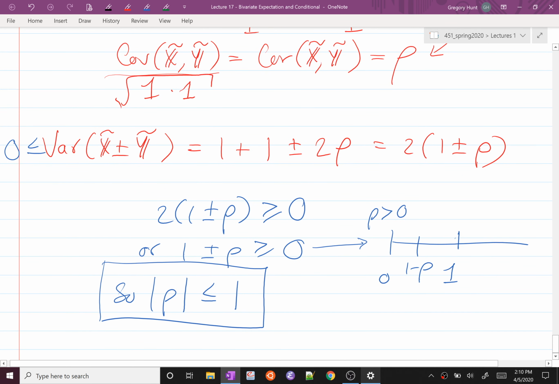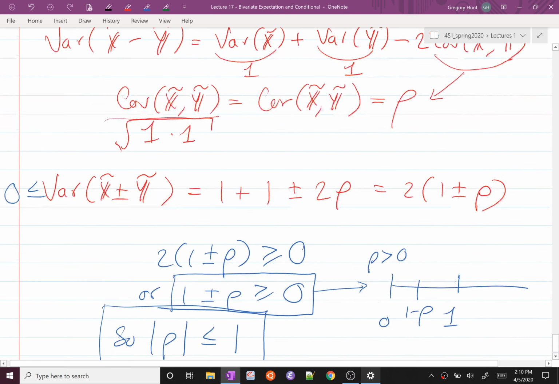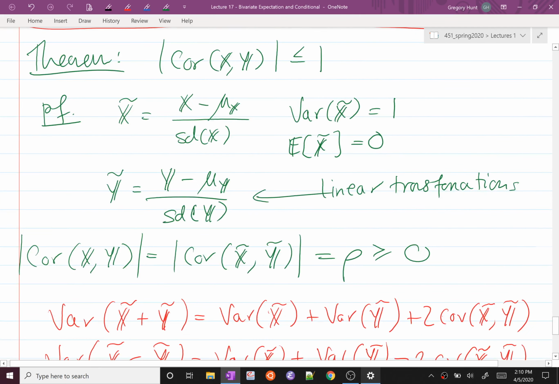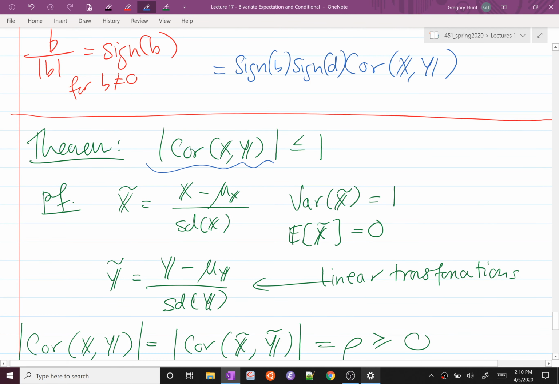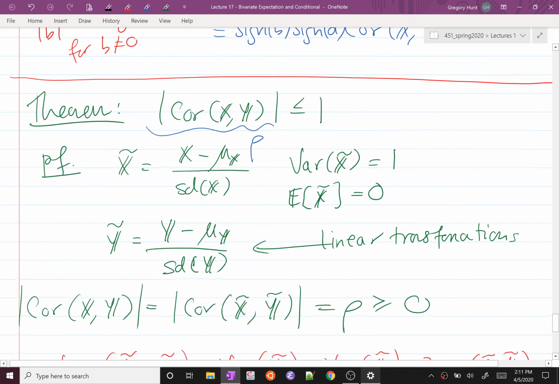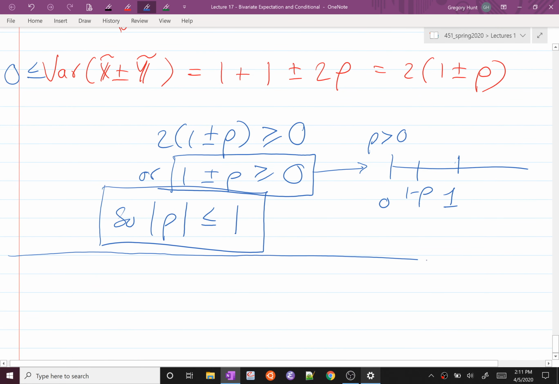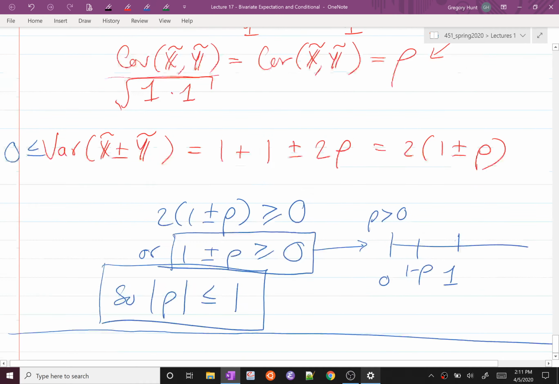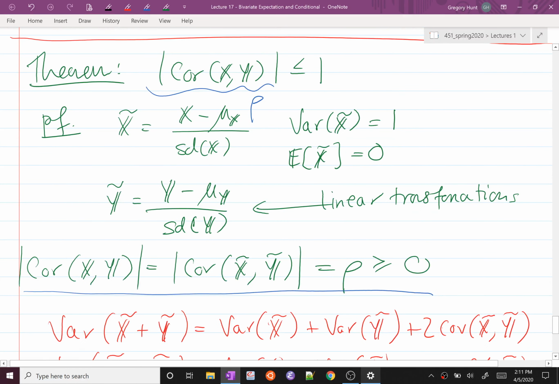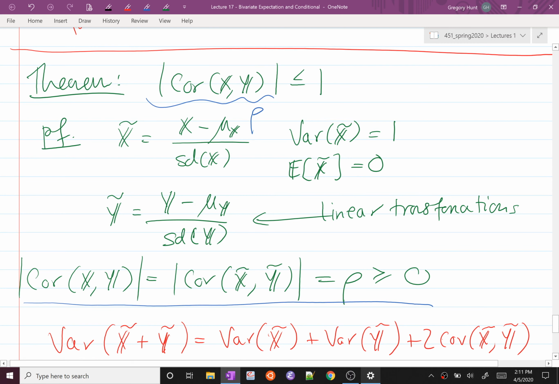In either case, you can convince yourself that this condition means that rho has to be in absolute value less than 1, and that's what we claimed, because rho was how we defined the correlation between x and y. So that proves the fundamental fact: the correlation between two random variables is always between -1 and 1, or in absolute value always less than or equal to 1. That's the fact we claimed, which was that correlation is a kind of normalized covariance.